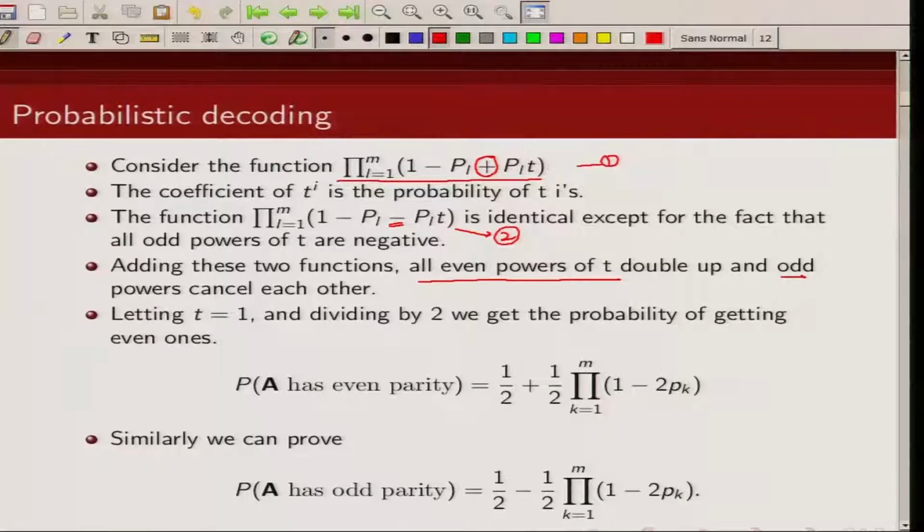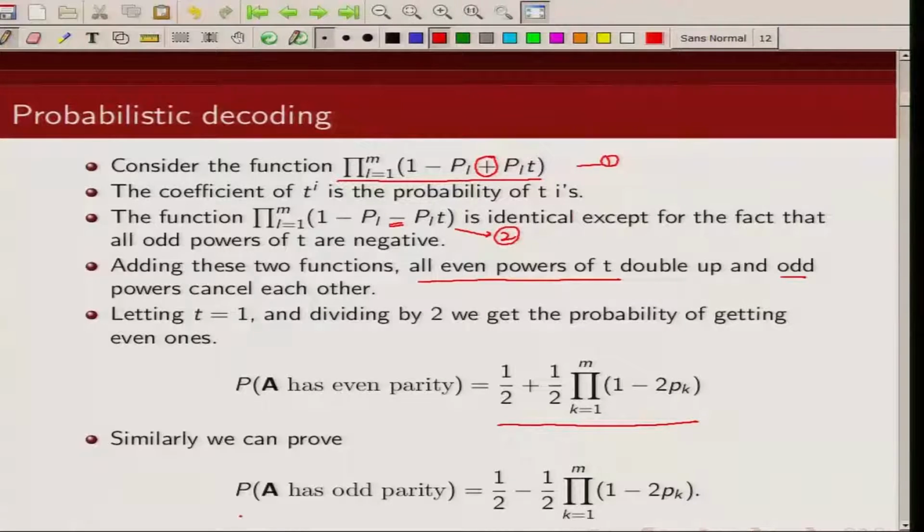Now, if we put t equal to 1 and divide by 2, we will get essentially the probability that A has even parity, because we are left with only even powers of t. And similarly, we can also prove the probability that A has odd parity.